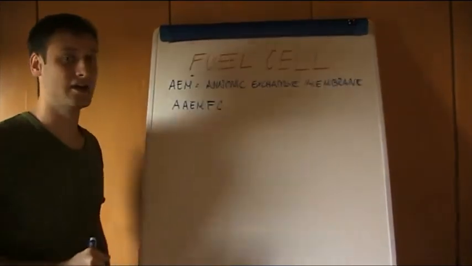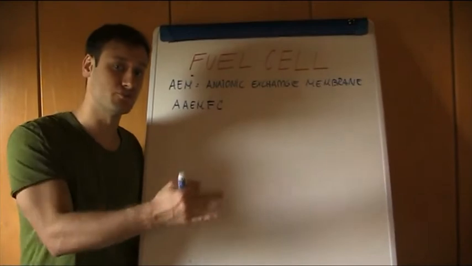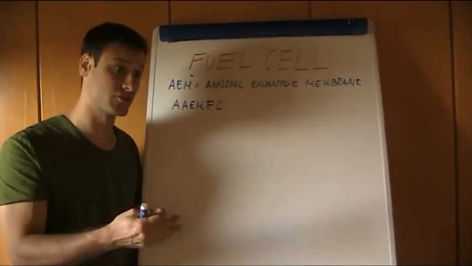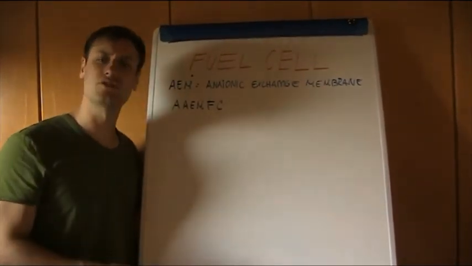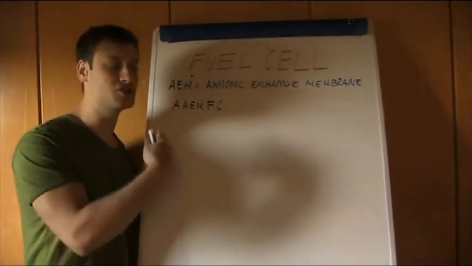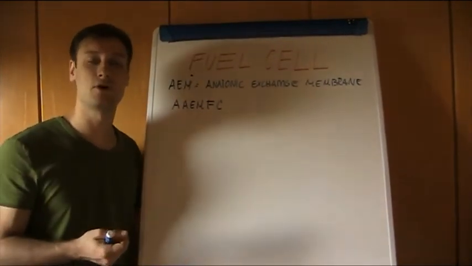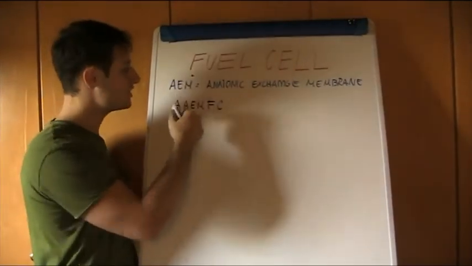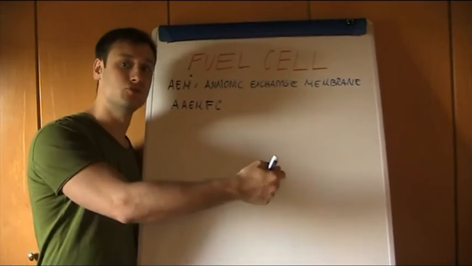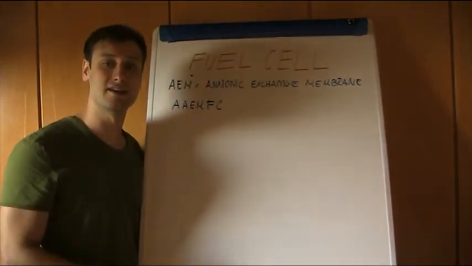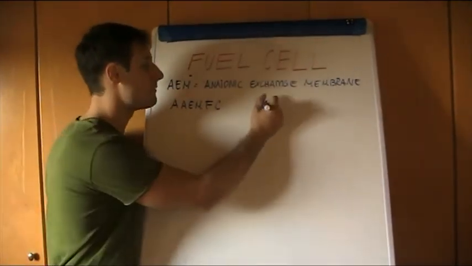Until now, we have described only fuel cells having a proton exchange membrane, because it was necessary to carry the transport of H plus in order to ensure the closing of the circuit. But sometimes we can exploit the use of an ionic exchange membrane in which what passes through the membrane is not H plus, but OH minus.